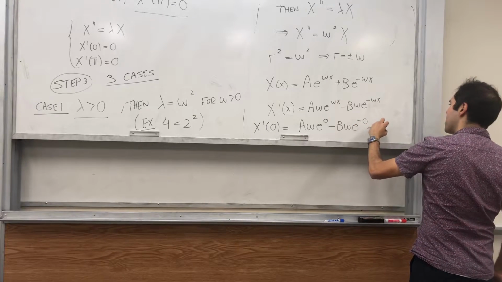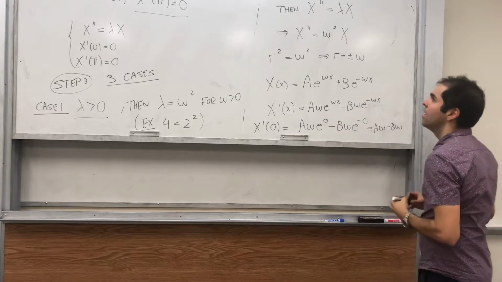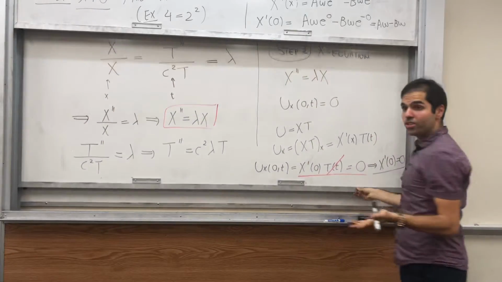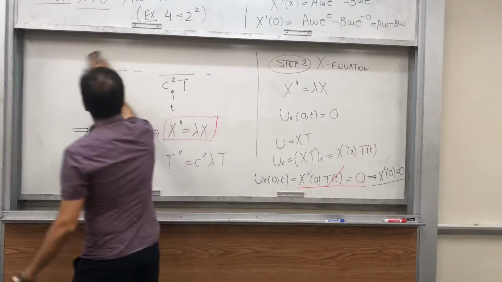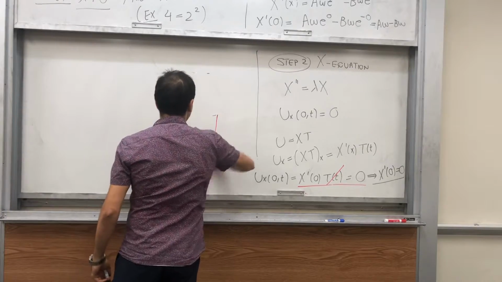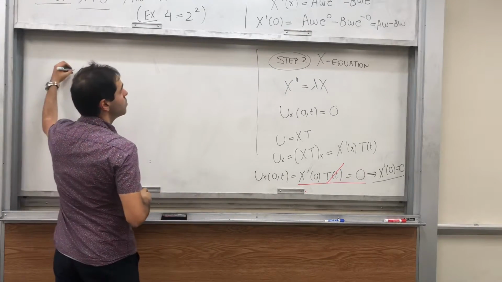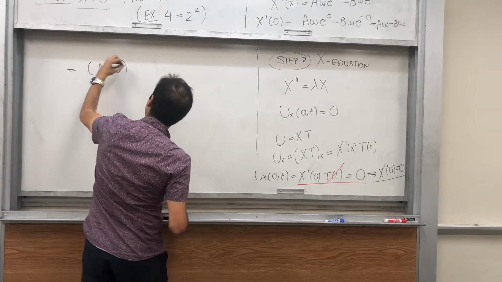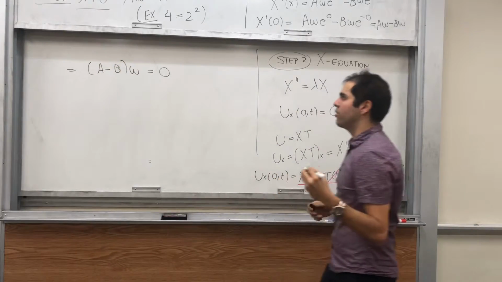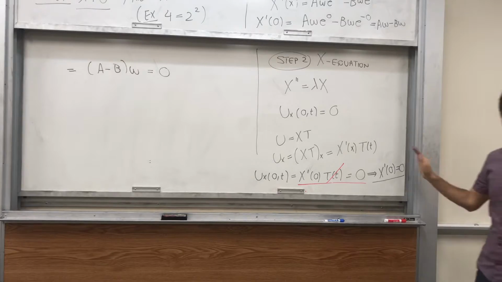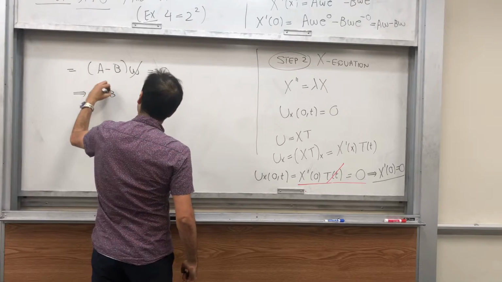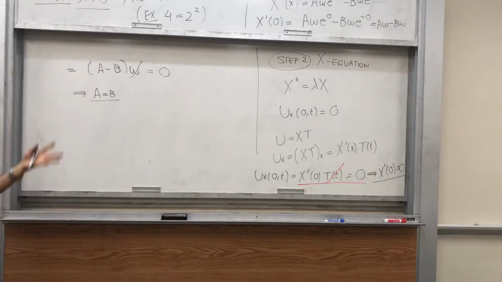And that becomes a omega minus b omega, which you can simplify. So that becomes a minus b times omega. And you know this is 0, because x prime of 0 equals 0. And remember, omega is positive, so we can cancel this out. And we get a equals b.